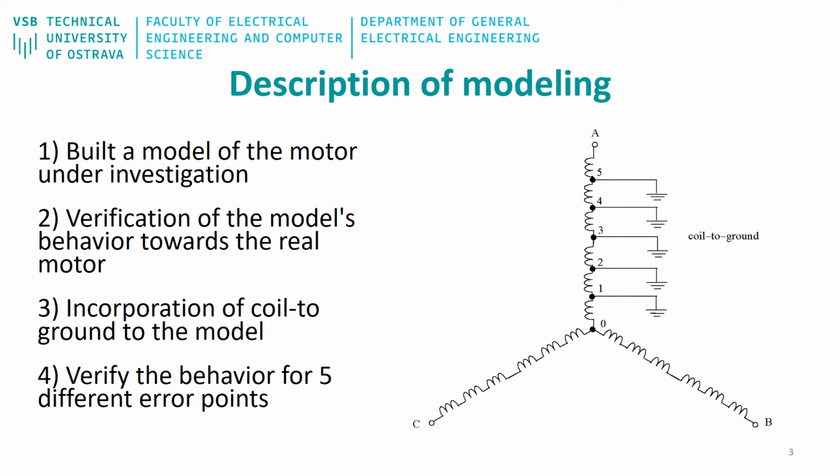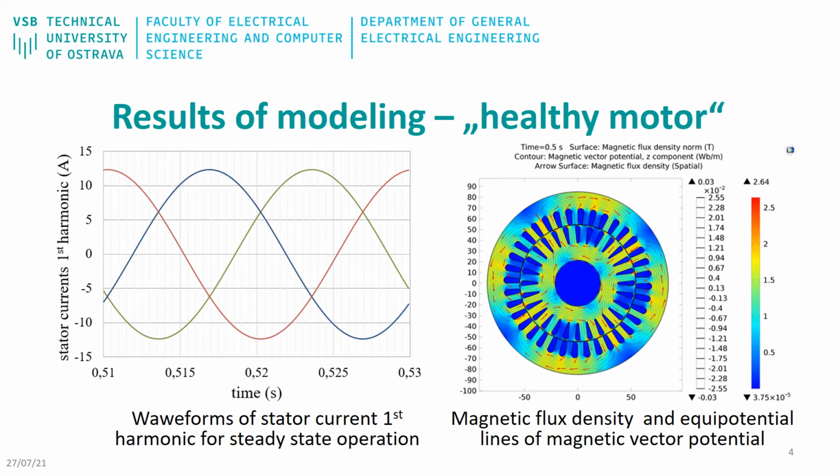The individual coil-to-ground fault points were always performed for the same phase, as we can see, phase A. The simulations have been carried out for the motor loaded with the nominal torque 27 Nm and with direct online connection.